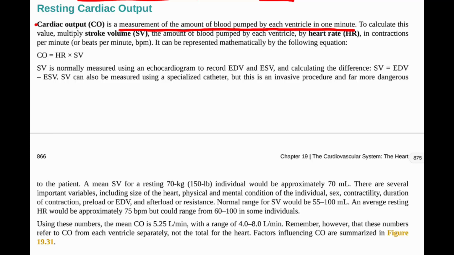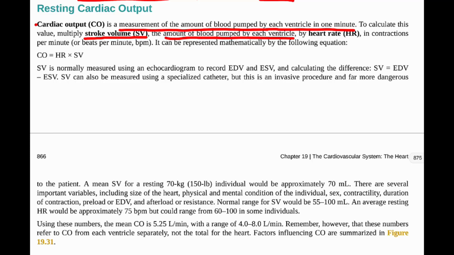In order to calculate this, we multiply our stroke volume, or SV, which is the amount of blood pumped by each ventricle in just one single beat, one single pump. Stroke volume is that 70-80 milliliters of one single pump of blood, and the cardiac output is then measured over a minute's worth of time.